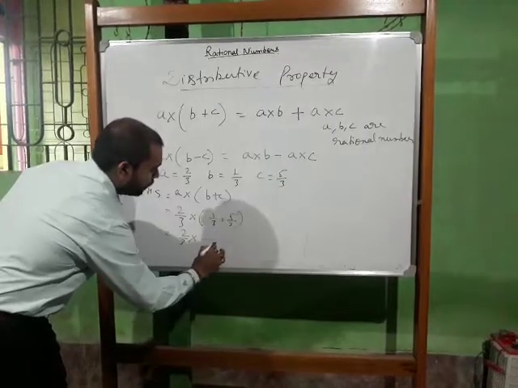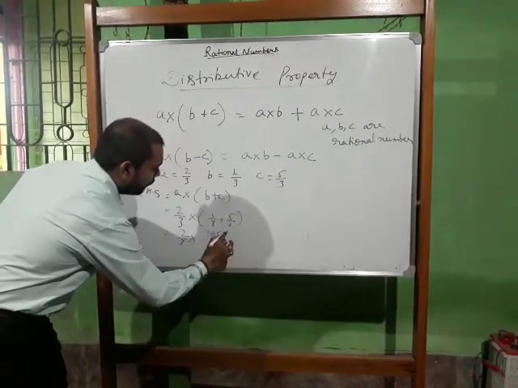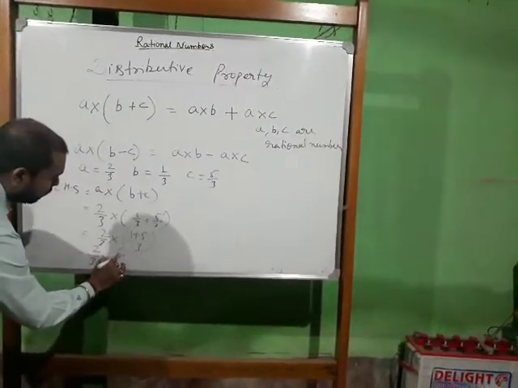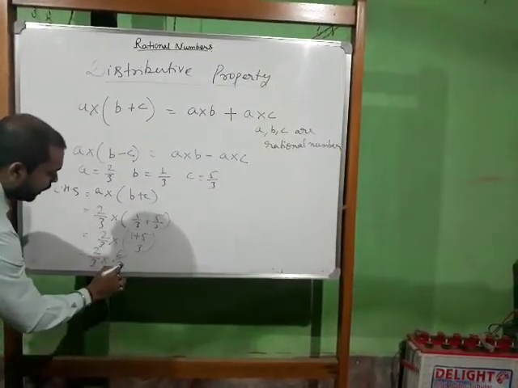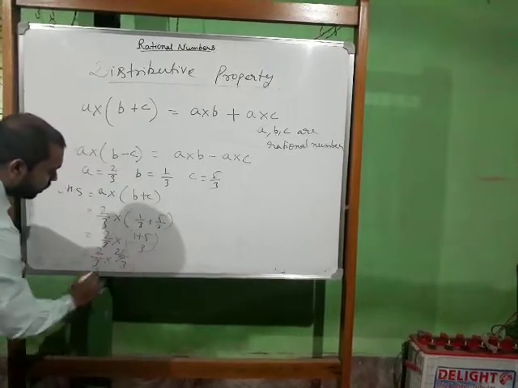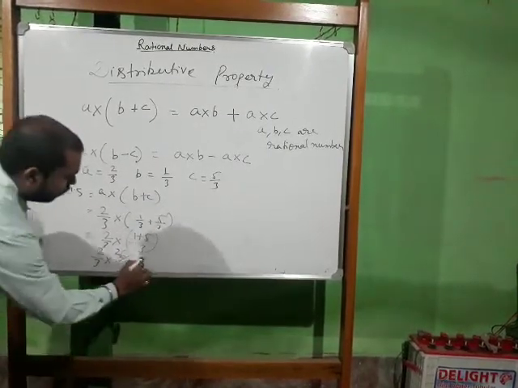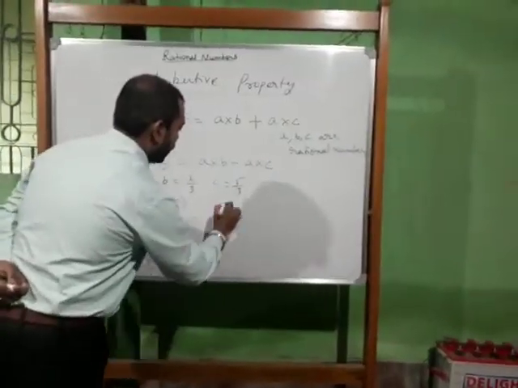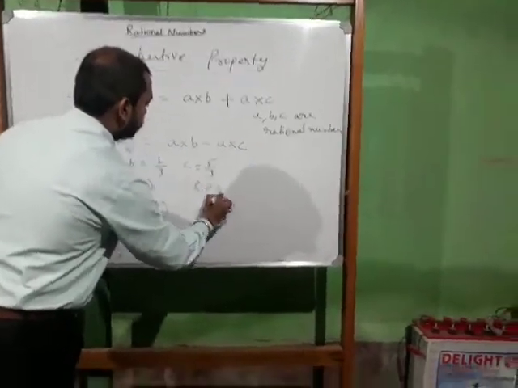So 3 and 3, LCM is 3. So 1 plus 5, it is 2 by 3 into 6 by 3. Now we can reduce it. 3 1s are 3, 3 2s are 6. So the answer will be 2 into 2, 4 by 3.